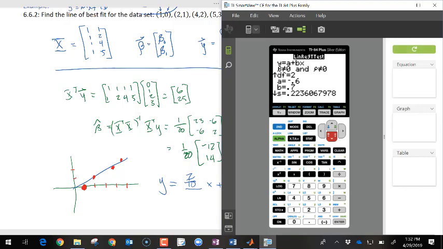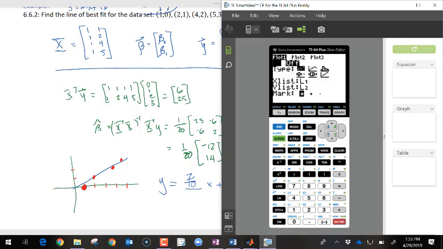And so now let's also try to graph it. Let's do a scatter plot, L1 and L2, and then let's graph the line as well. Stat plot, zoom stat, zoom fit. All right, what's going on?